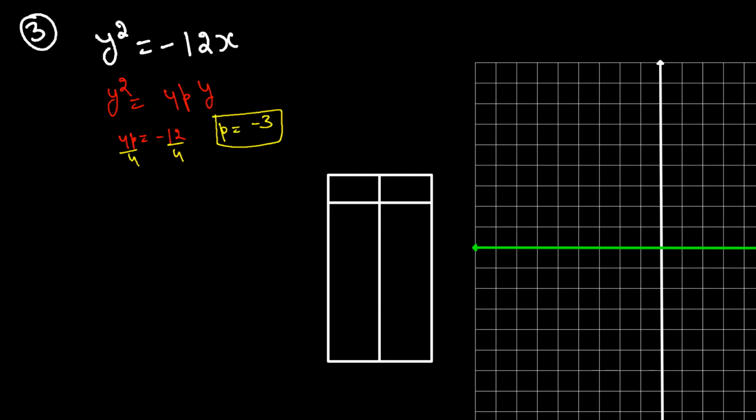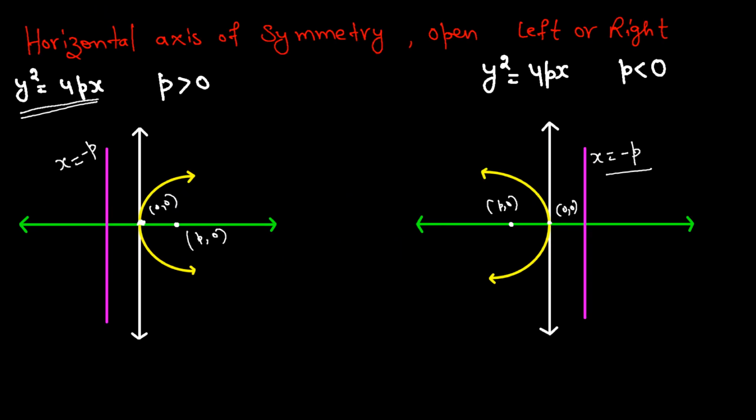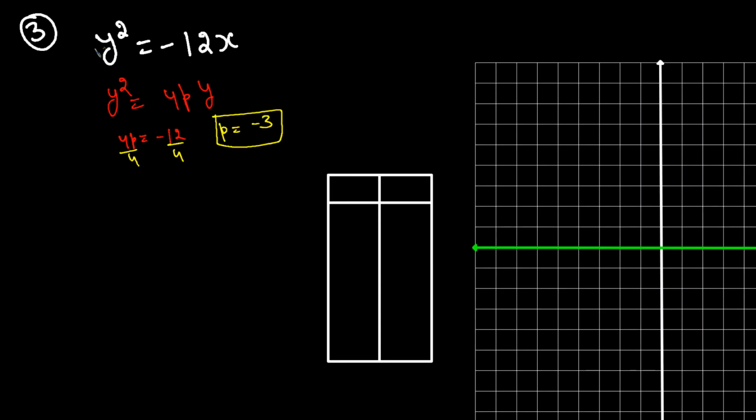So let me go back and see. If p is less than 0, the standard equation is y squared is equal to 4px. That's what we got. Y squared is equal to something, 4px. So p is negative, that means the parabola is going to open to the left.